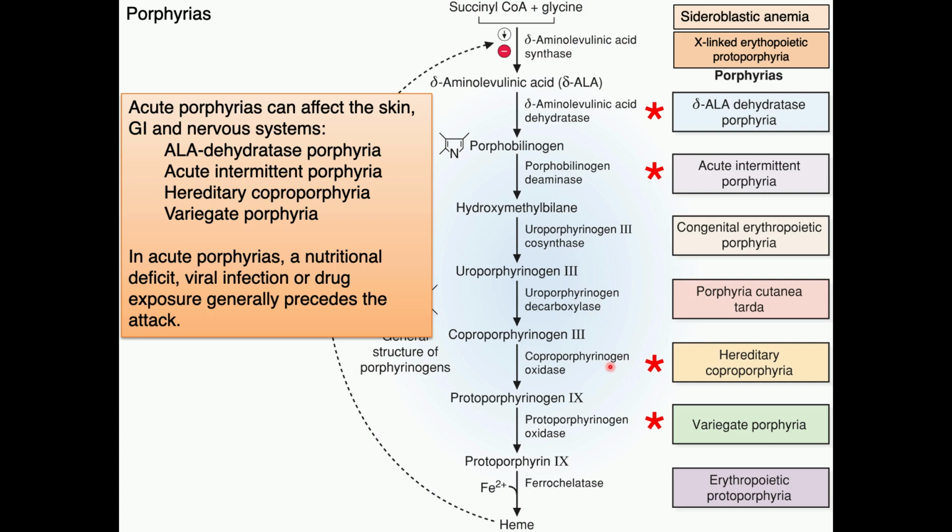Porphyrias are generally divided into acute porphyrias and non-acute porphyrias. So the acute ones, these again have similar symptom profiles, but they are episodic and transient, and generally they're going to be brought on by some viral infection or drug exposure or toxin exposure that results in oxidative stress.